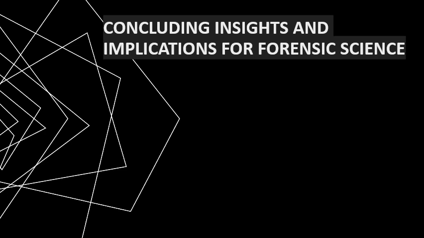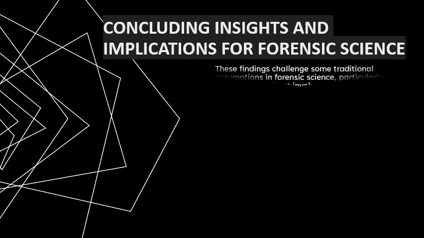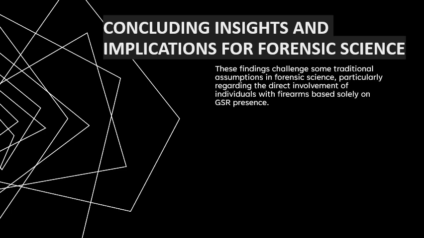So, the summary of the key findings, this is concluding insights and implications for forensic science. Okay, these findings challenge some traditional assumptions in forensic science, particularly regarding the direct involvement of individuals with firearms based solely on GSR presence.